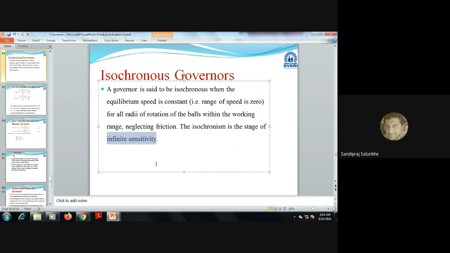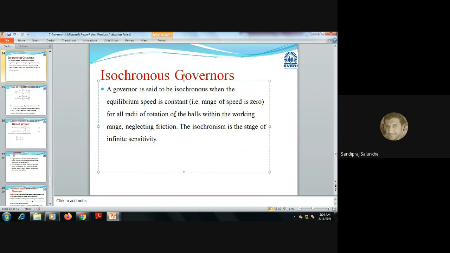Okay, but it has infinite sensitivity. So if you are going to see the definition of isochronous governors, a governor is said to be isochronous when the equilibrium speed is constant, that is nothing but the range of speed is zero, the lower speed and higher speed difference is zero for all radii of rotation.